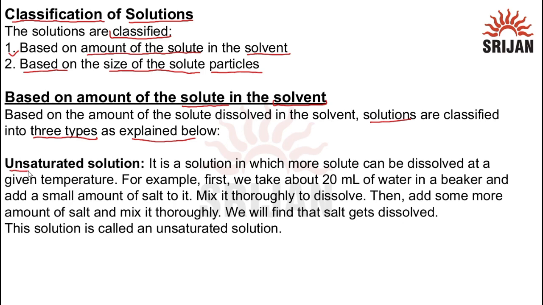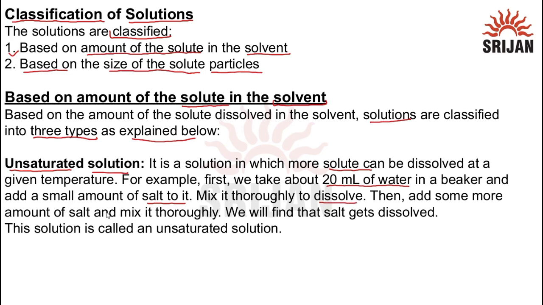The first type is the unsaturated solution. It is a solution in which more solute can be dissolved at a given temperature. For example, first we take about 20 milliliter of water in a beaker and add a small amount of salt to it. Mix it thoroughly to dissolve.